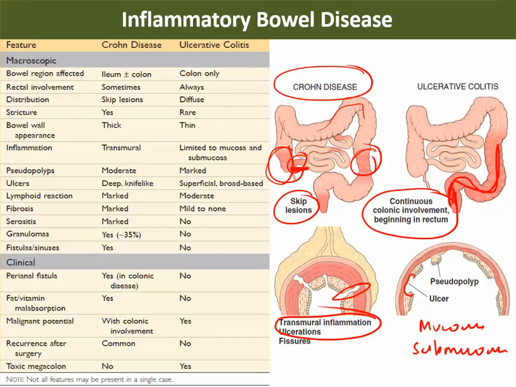Since Crohn's is a transmural and granulomatous inflammation, it produces fibrosis. Fibrosis is very rarely seen in ulcerative colitis. Remember, these are the major differences between Crohn's disease and ulcerative colitis.